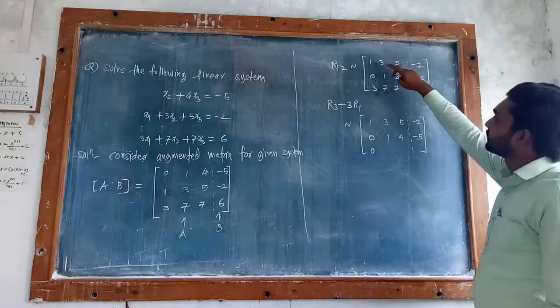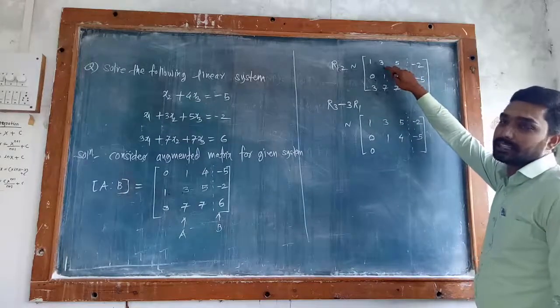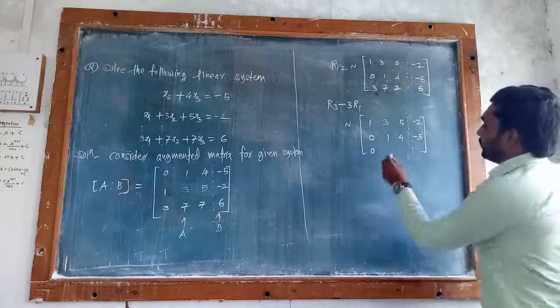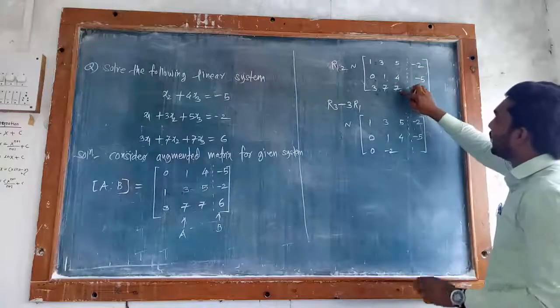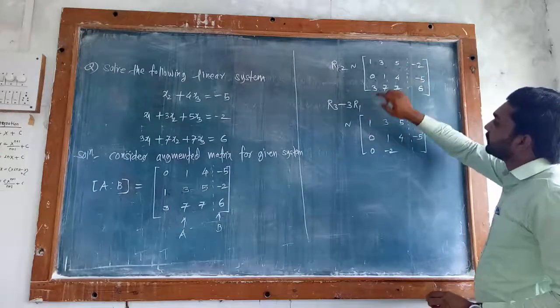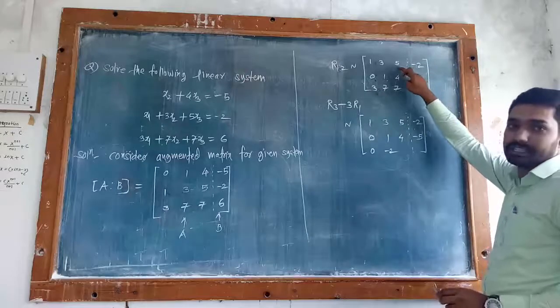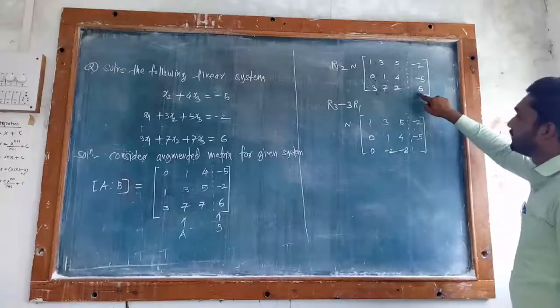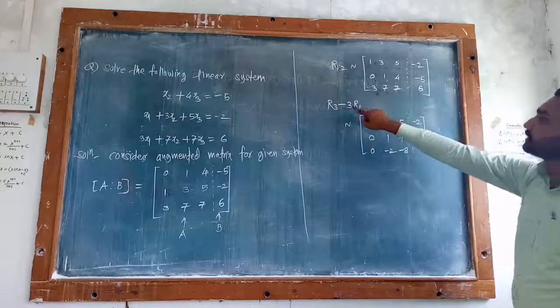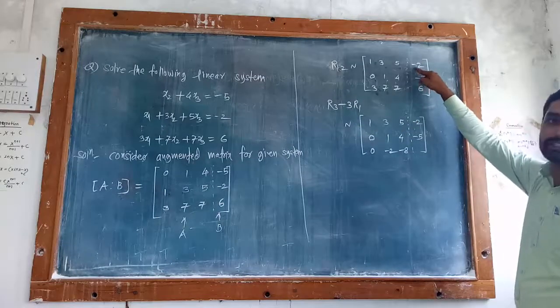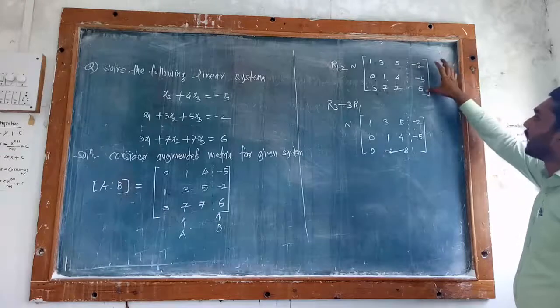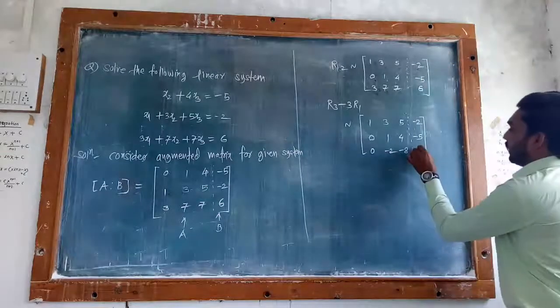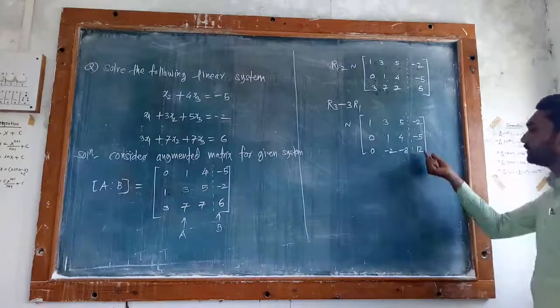Then 7 minus 3 into 3, that is 9, so 7 minus 9 becomes minus 2. Again 7 minus 3 into 5, that is 15, and 7 minus 15 is minus 8. Again the last, 6 minus 3 times minus 2, that is 6 plus 6, which is 12. So this entry becomes 12.